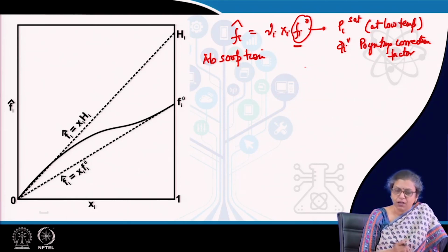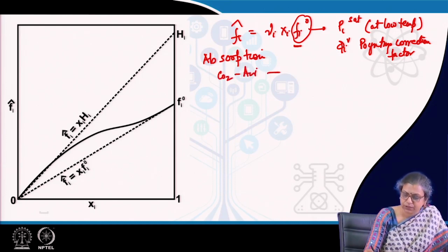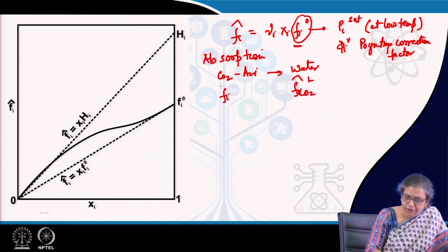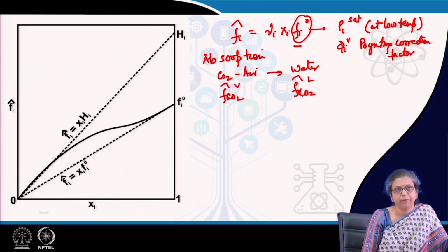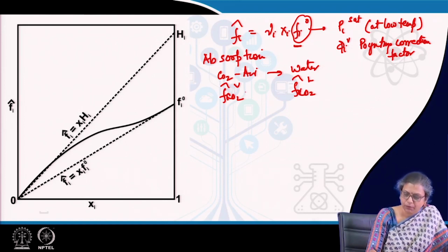So, if it is carbon dioxide and air in contact with water, we need to find out fCO2 in the water phase or the liquid phase, and fCO2 in the vapor phase, and then we need to compare to find out whether we can do absorption or not. For the vapor phase, it is not at all a problem.